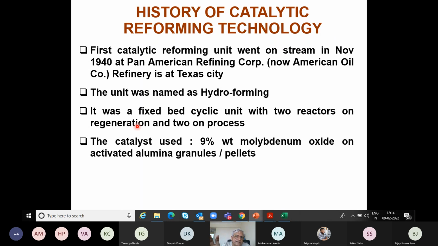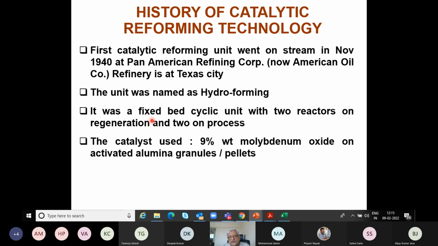There were two parallel reactors in operation mode, creating the reformate. Then once the catalyst gets deactivated, you take it off and burn off the carbon, while you use the other two reactors to continue the operation. And the catalyst which was developed and very successfully commercialized was 9% molybdenum oxide on alumina.